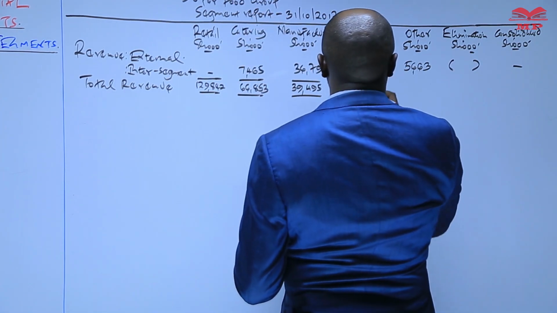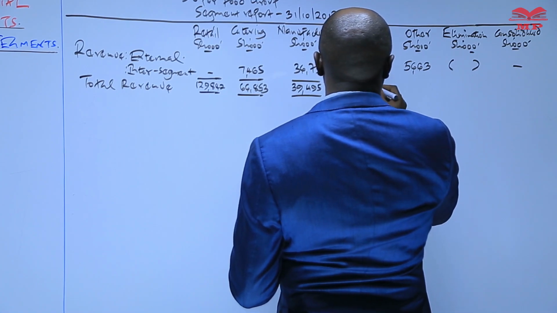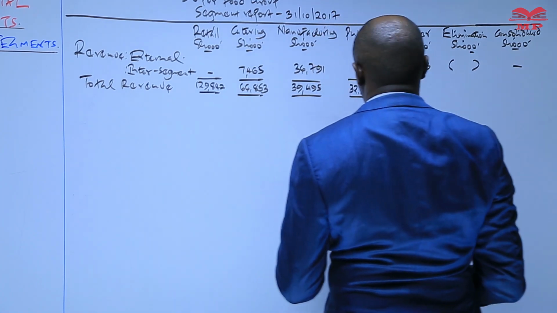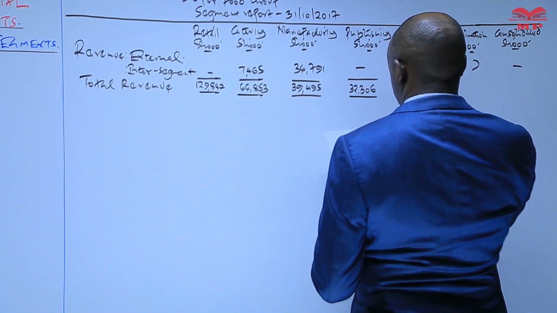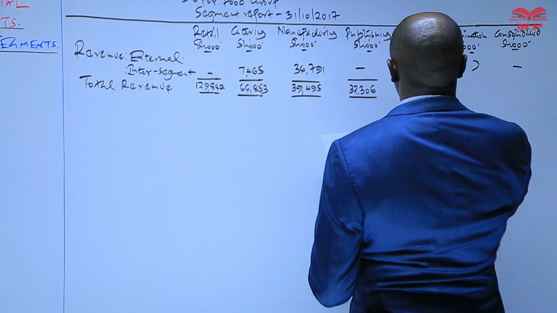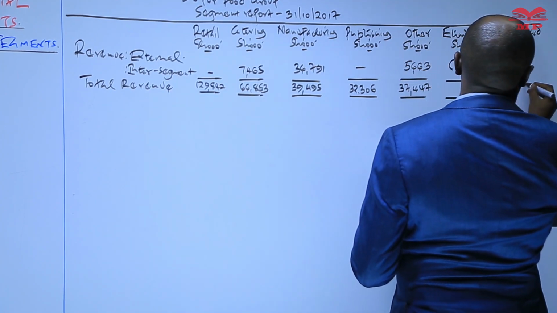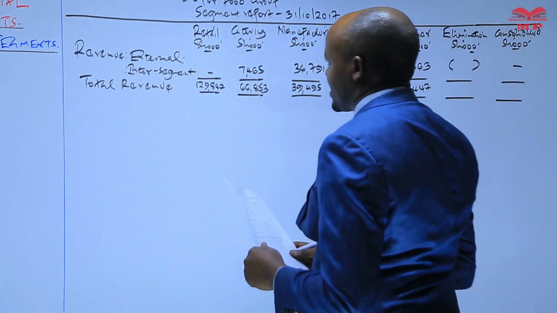Then for publishing we have 32,306. And then we have 37,447. Yes. So then what we need to do is get the external revenue.